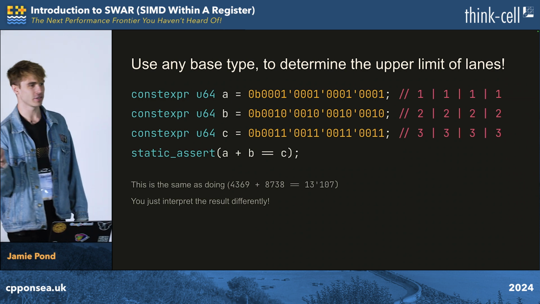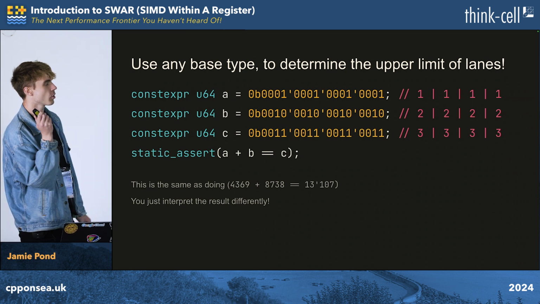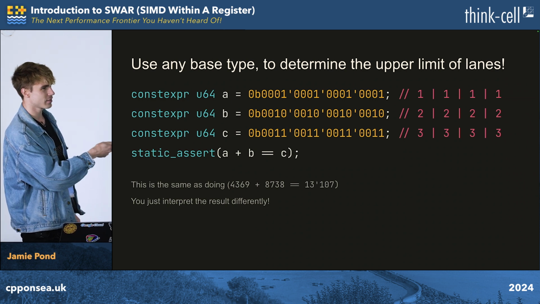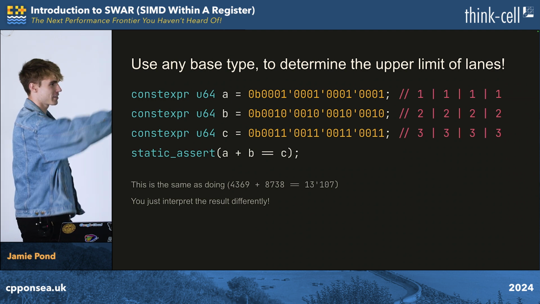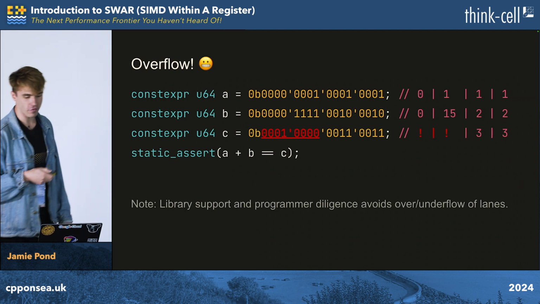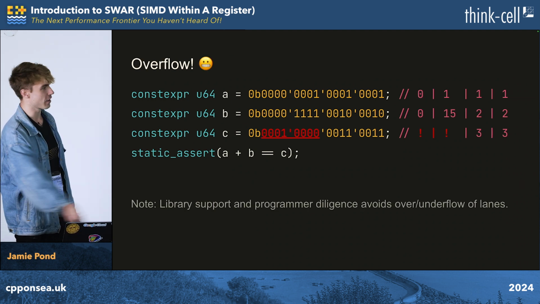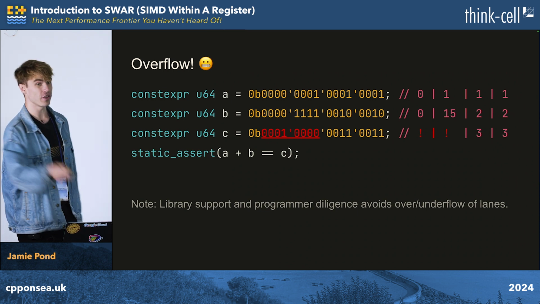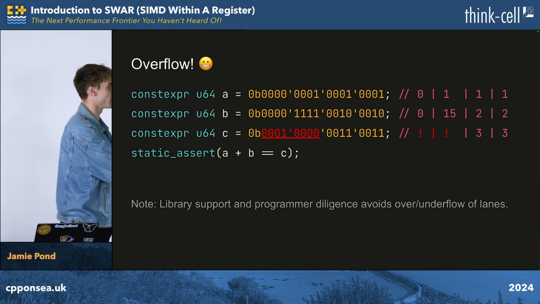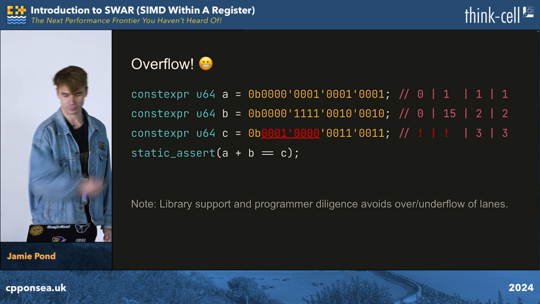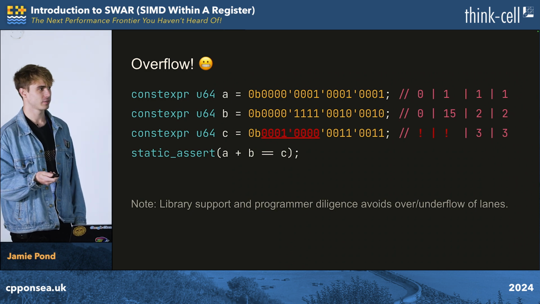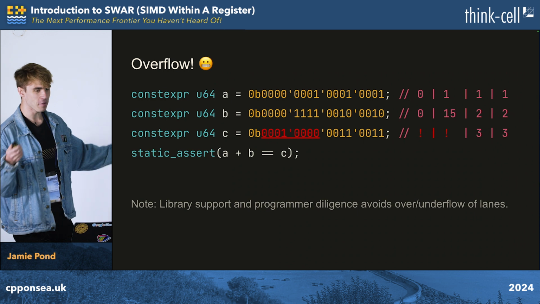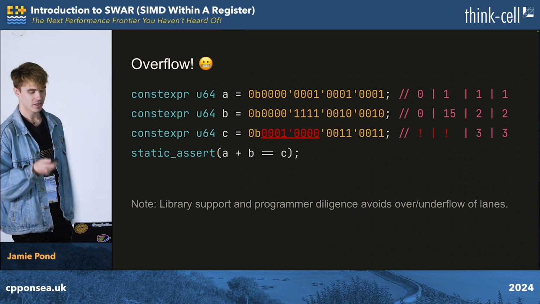Can anyone notice or point out what could go wrong with this? Carries. Okay, exactly. You can get overflow. If we had a full lane, we had a 15 here, something bad's going to happen, right? You're going to overflow, and then you're going to spoil all the more significant lanes than the one you're in. Exactly right. So, damn, is it game over for SIMD within a register?